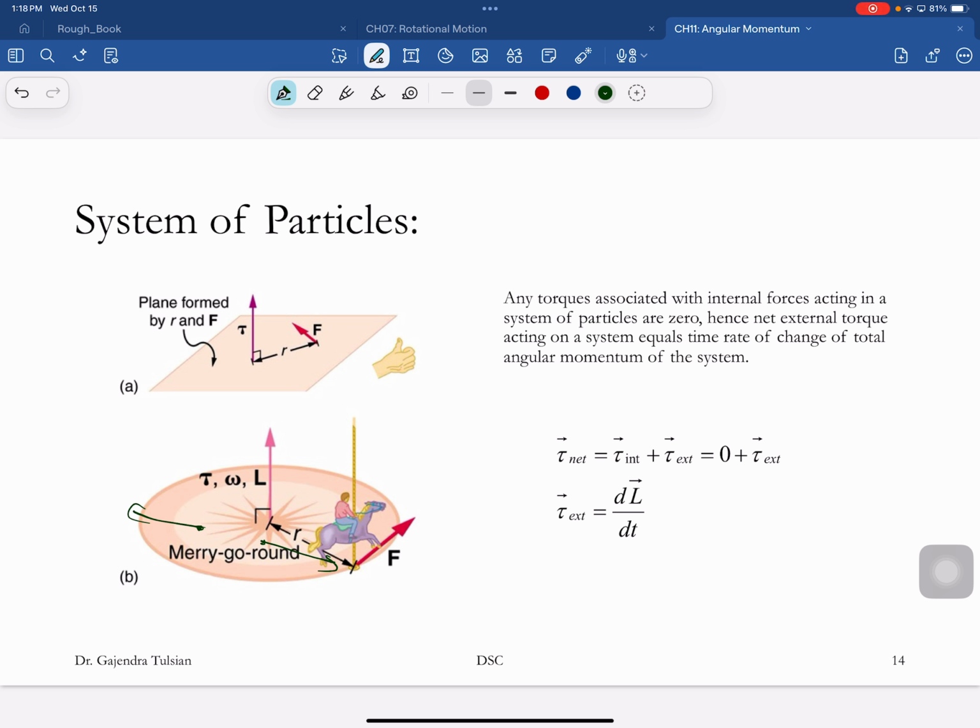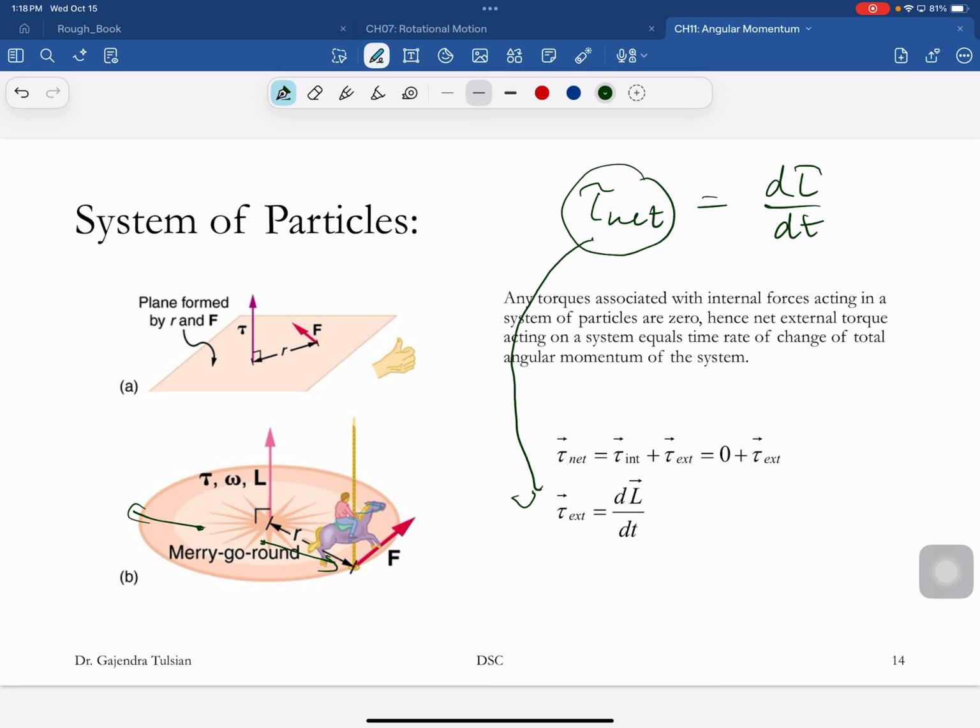Okay. All right, so this equation is the external torque. What we have gained by saying that is, we introduced that the net torque was equal to dL by dt, and what we were able to say is that this net torque is just the external torque acting on a system.